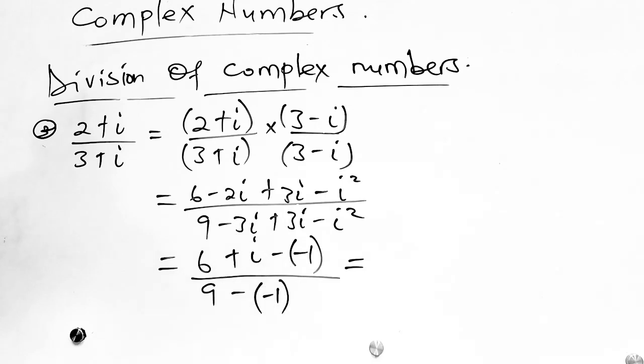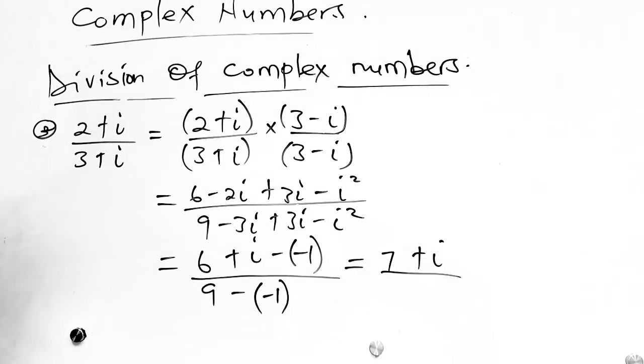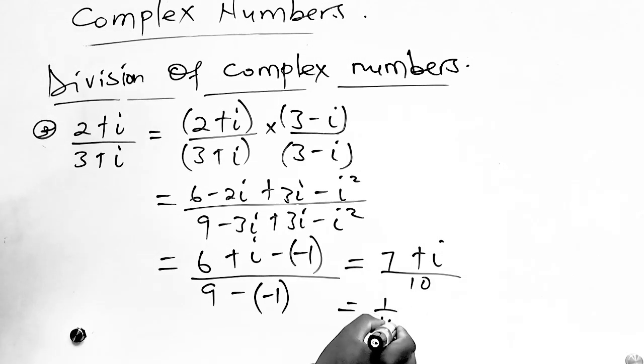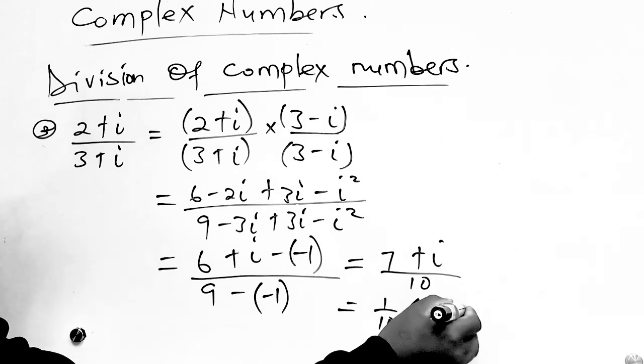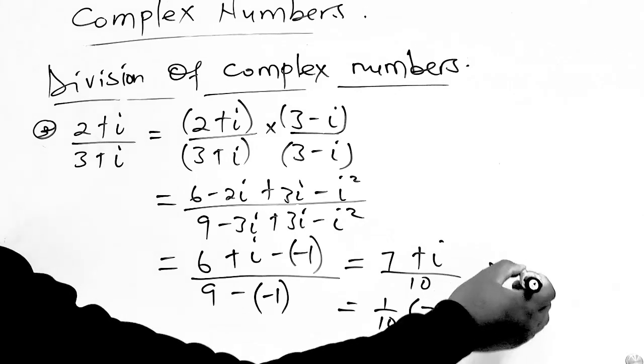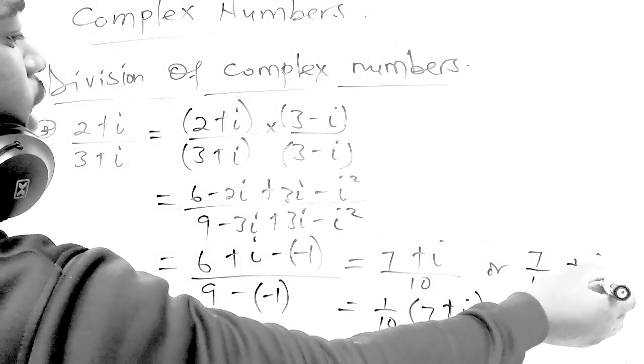So 6 plus 1 is equal to 7 plus I, over 9 plus 1, which is equal to 10. So our answer is equal to 1 over 10, open bracket, 7 plus I. Or with this form, you can represent it like this: 7 over 10 plus I over 10.